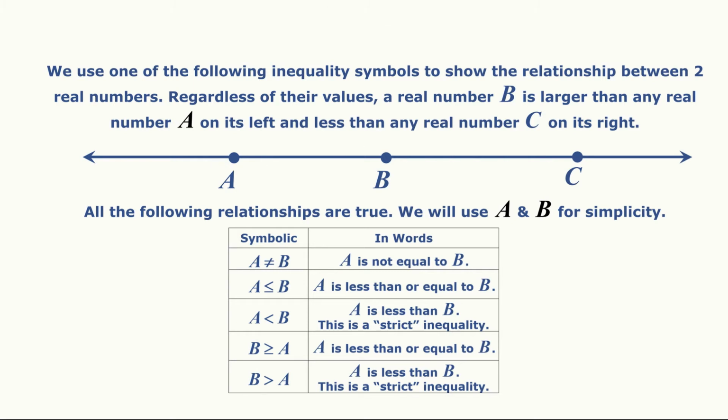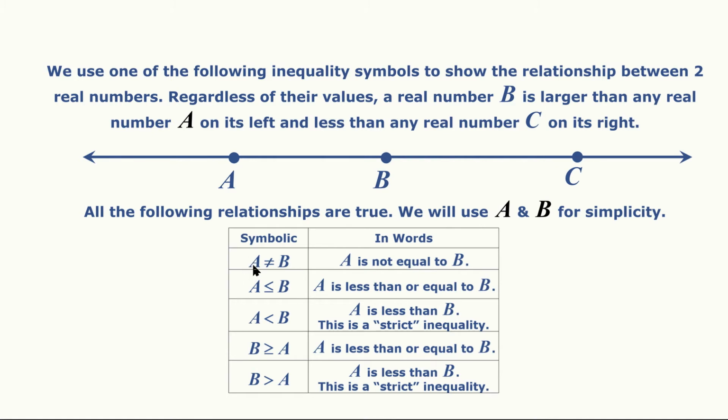And the easiest way to say that is that a real number B is larger than any number A on its left and smaller than any number C on its right. So all these relationships hold. We can say, for example, A does not equal B, and this is just one of them.